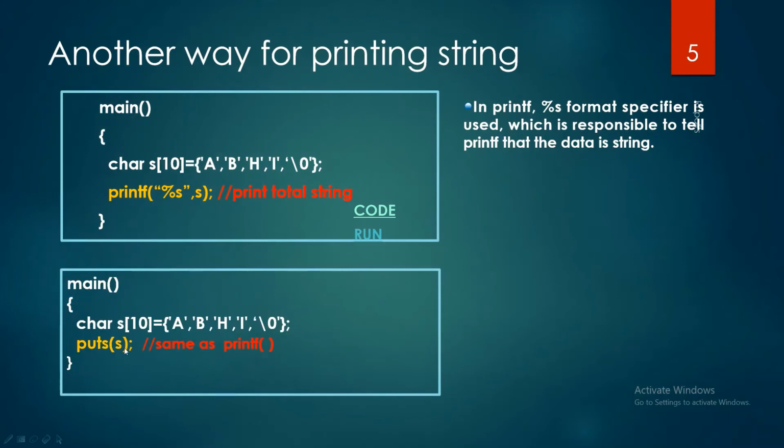You can also write puts(s). puts is the same as printf, but here a format specifier is not required. %s is not required here. See the program, run the code.